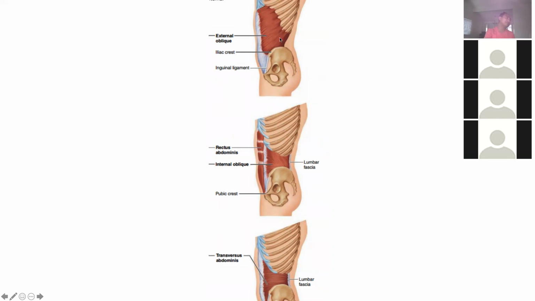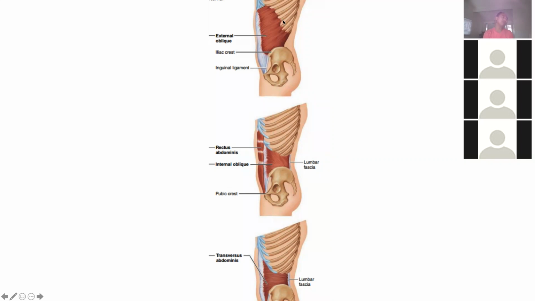It is coming from the ribs, and finally it becomes an aponeurosis. So that's what we remember. It originates from the ribs, and it goes to the middle to become the rectus sheath, and finally meets in the linea alba with the opposite side. So that is the external oblique. So I believe you can make a guess about origin and insertion.